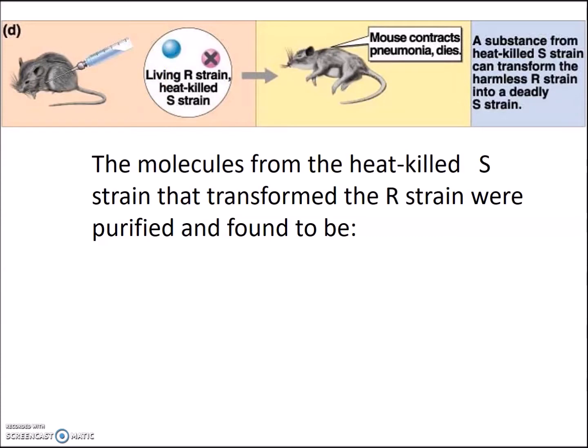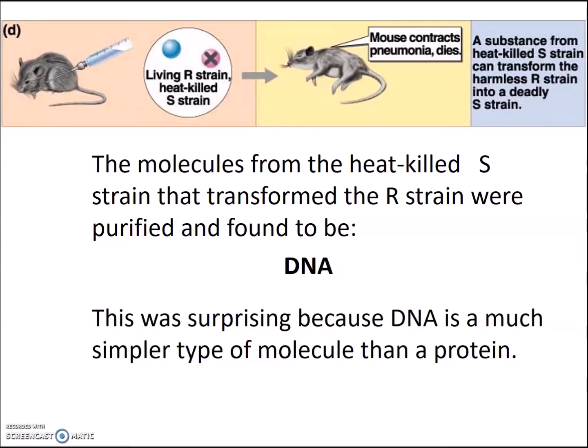Well, guess what, students? Whatever was in the heat killed S strain and transformed the R strain was found to be DNA. At the time in the 1920s, this was really surprising because DNA, although it was a molecule known to exist in the nucleus, was not a complex and still is not a very complex molecule.